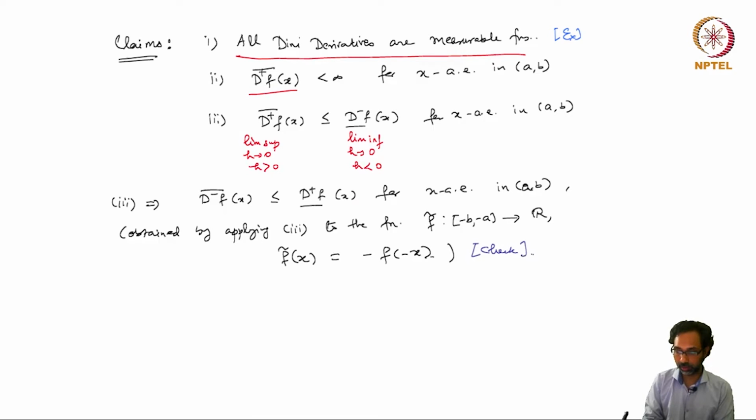So check this, that 3 implies that the lim sup for the negative linear derivative is less than or equal to the lim inf for the positive side of the linear derivative for almost every x in AB. And now that we have these two, we have this chain of inequalities.